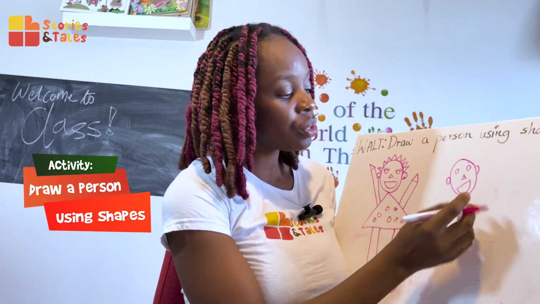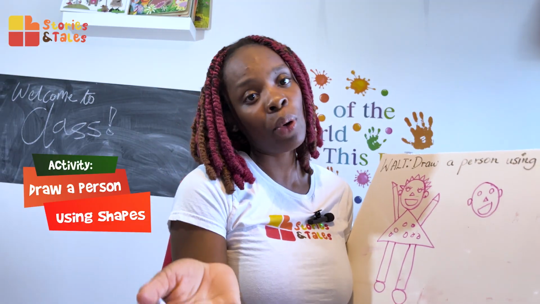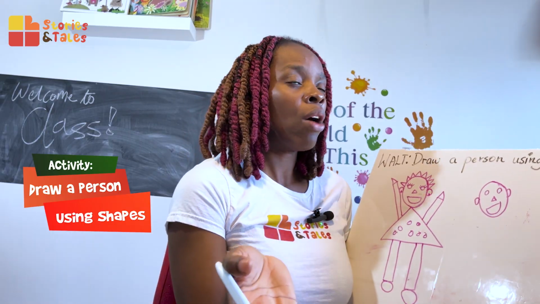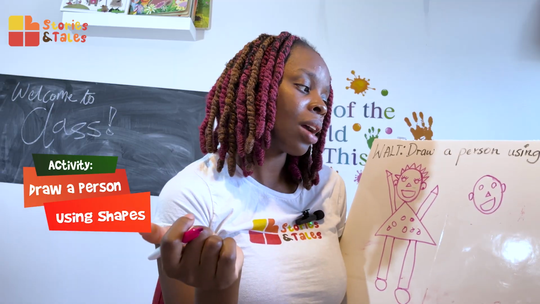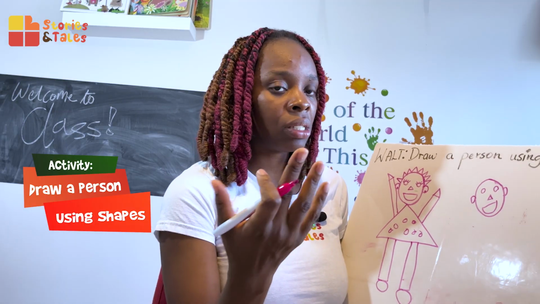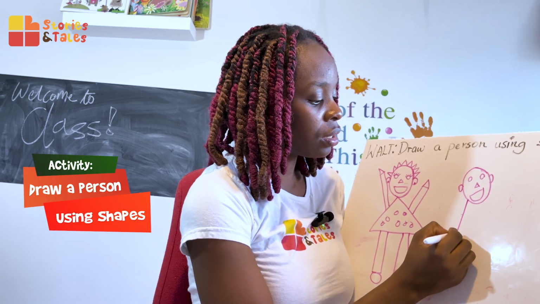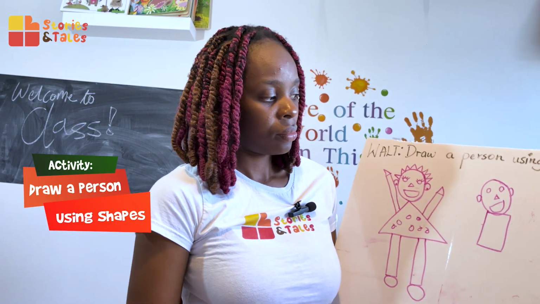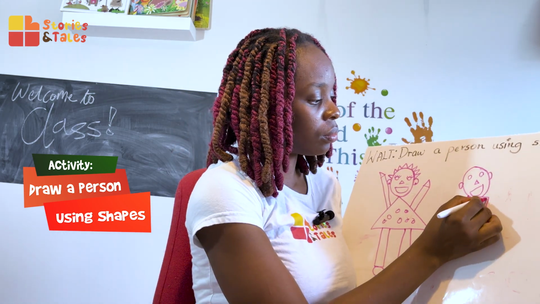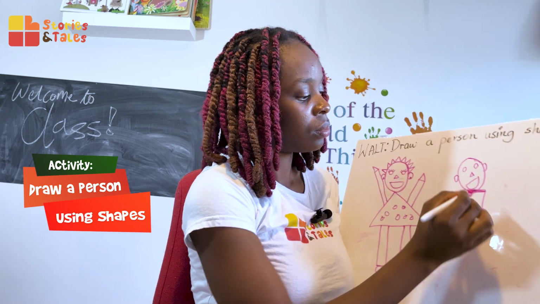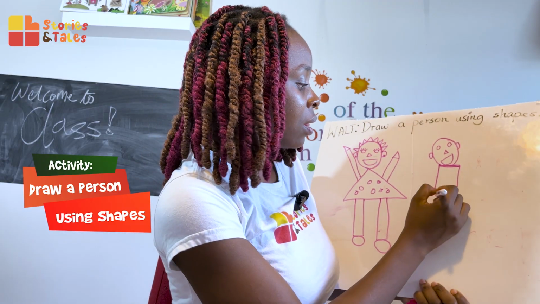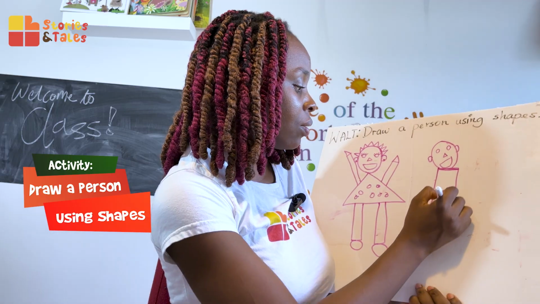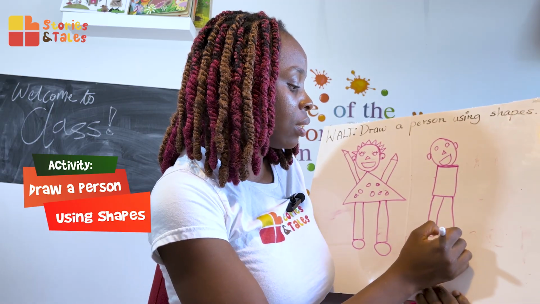Now the next thing we're going to do is to draw his body. So since he's a boy, we're not giving him a dress, we're giving him a shirt, or a jacket, and I'm going to make it look like a rectangle. So rectangle, rectangle, right? And then for his shorts or pants, another rectangle, 2 rectangles.